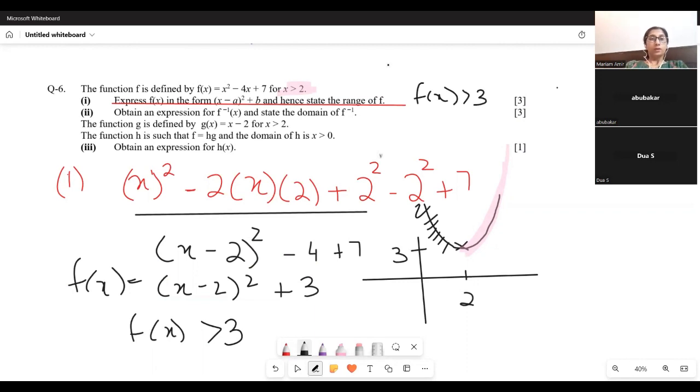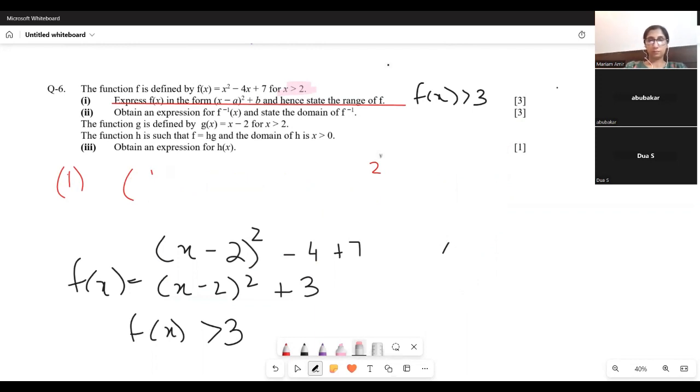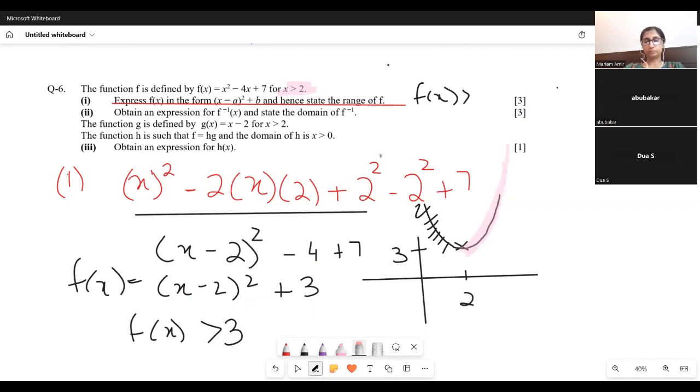Okay. Part 2, obtain an expression for f inverse of x and state the domain of f inverse of x. Okay, I'm going to clear this. For part 1, can we not do it like this: we take some values and put them into x square minus 4x plus 7 and we get the range?